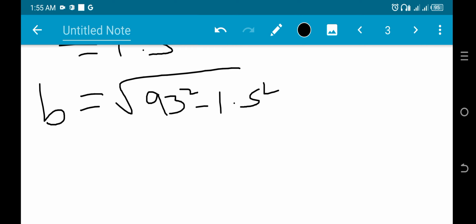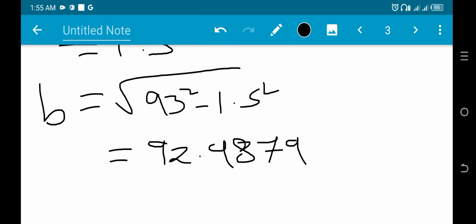So 93 squared less 1.5 squared, we're having 8,646.75. Now what's the square root of that? We're getting 92.98. So this is our b.